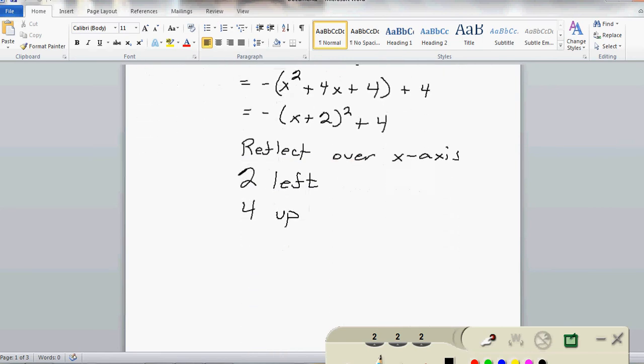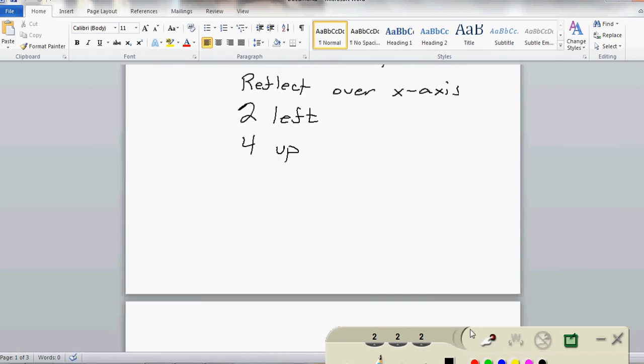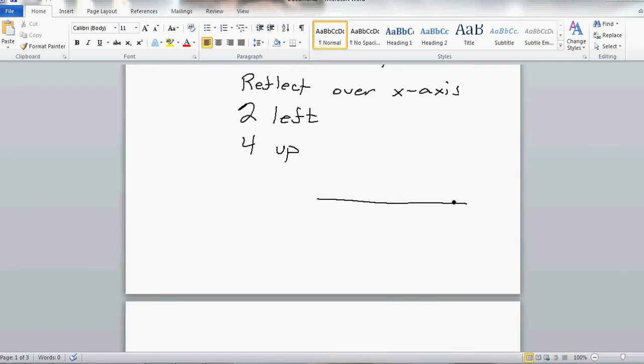And so we have the parent function with the points (0, 0), (1, 1), (-1, 1), (2, 4), (-2, 4), and (3, 9) and (-3, 9). But we're told, let's go 2 left and 4 up. So this is going to become our new vertex right here.